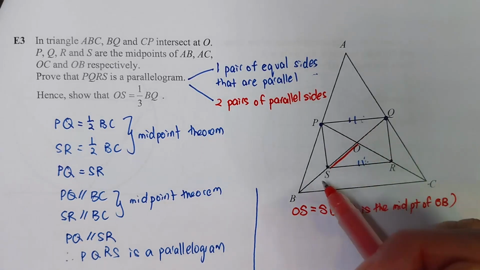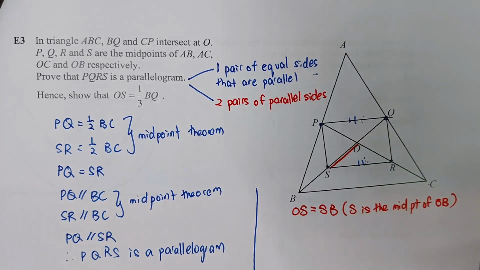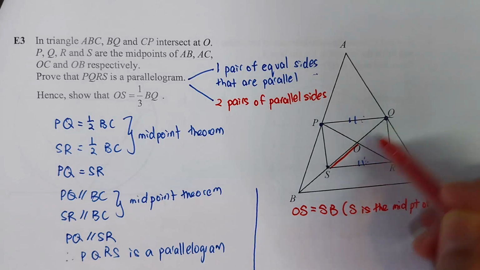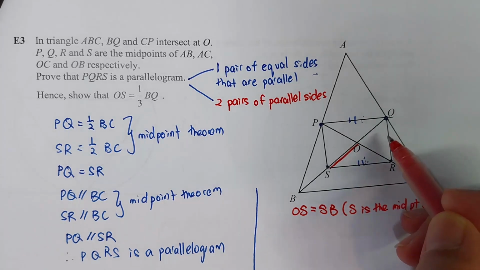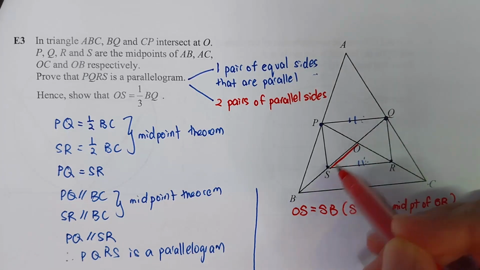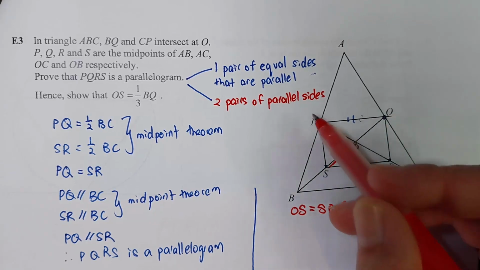Since PQRS is a parallelogram, OS must equal OQ because the diagonals of a parallelogram bisect each other.